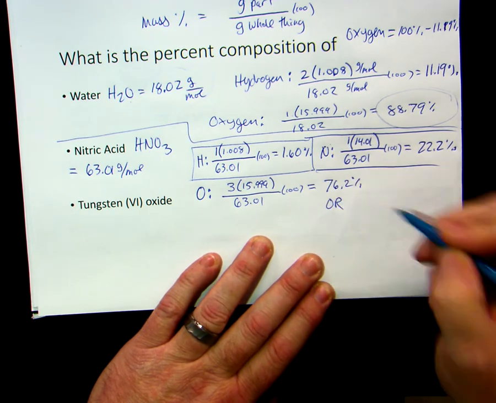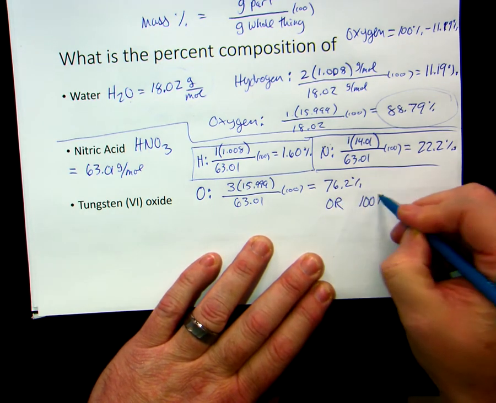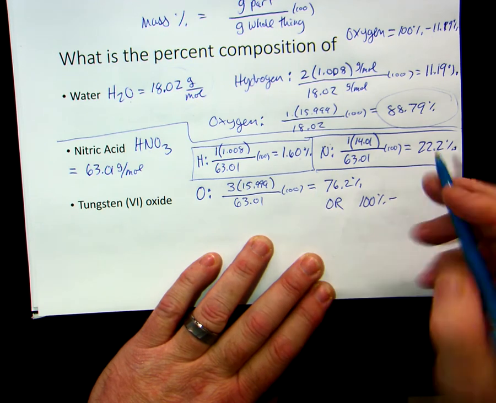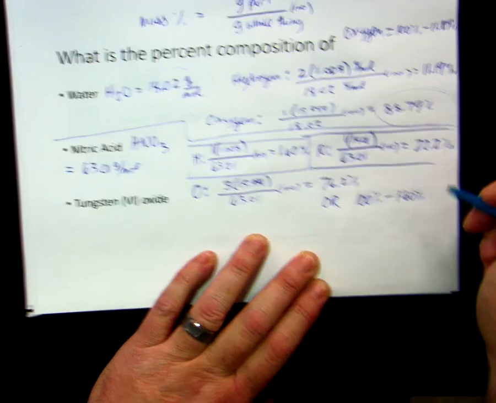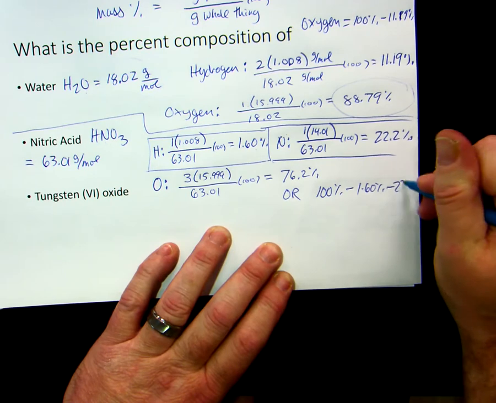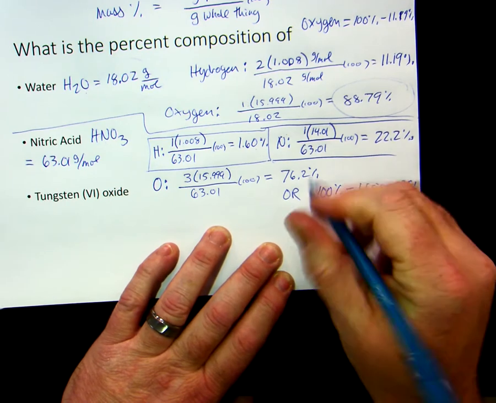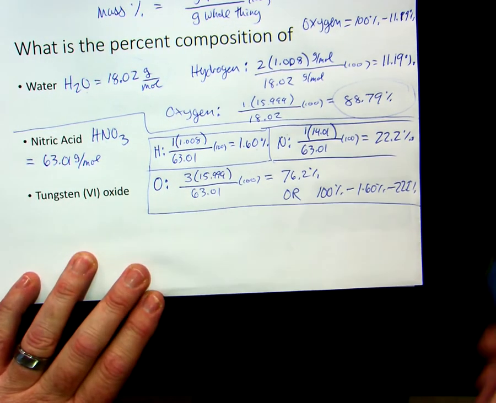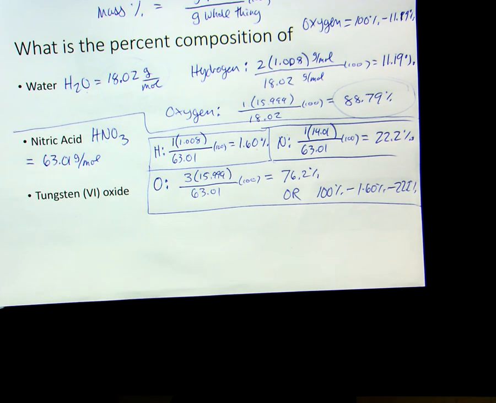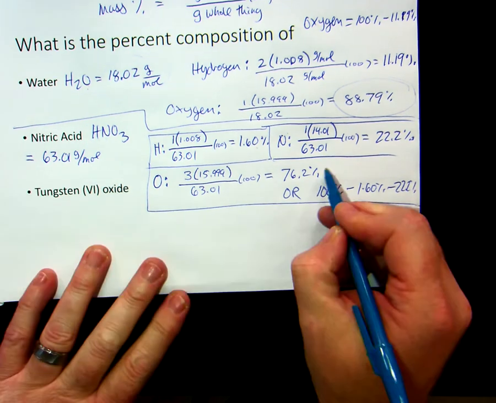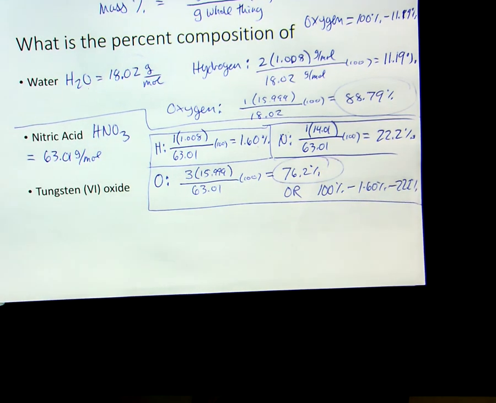Or we could have simply said 100% minus 1.60% minus 22.2%. Either one of these would work for oxygen, and they should give you pretty much the same answer. So whichever way you want to use, just make sure you show your work.